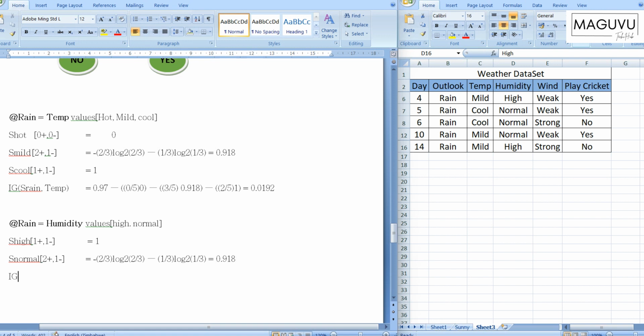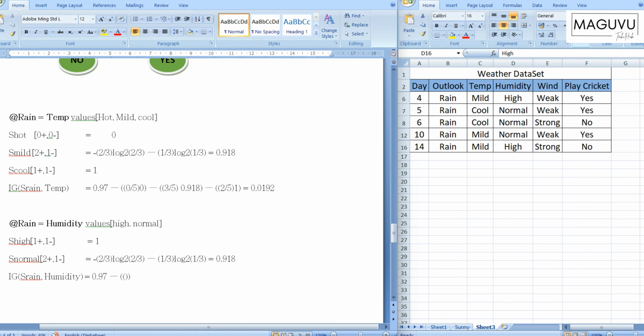Therefore, we continue to do the calculation of information gain while we are at rain and we are dealing with humidity, and we have already found that it is 0.97, which is the entropy of rain, and now we want to consider high.